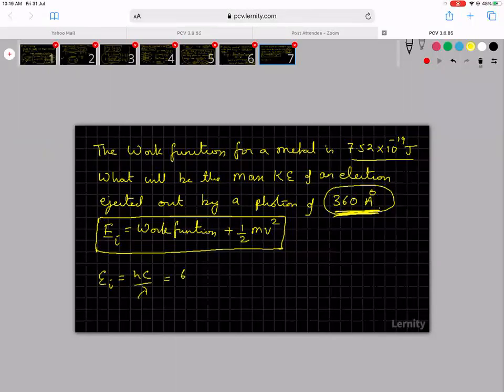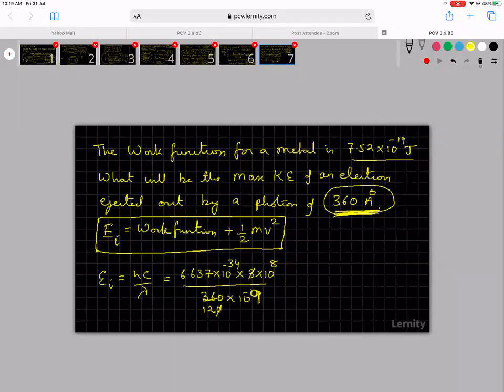So that will give you 6.637 into 10 power minus 34 into 3 into 10 power 8 divided by 360 into 10 power minus 10. Okay, so I can calculate this number. 3 will go here 120 times. So this 2 I'll remove it, make it 9.